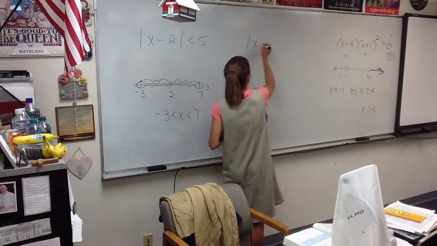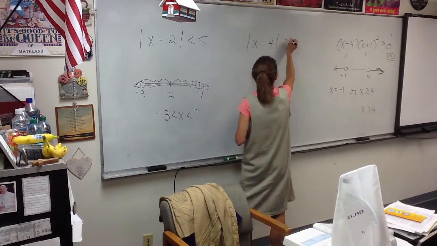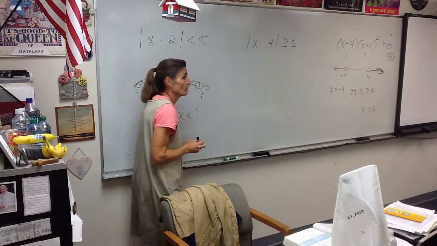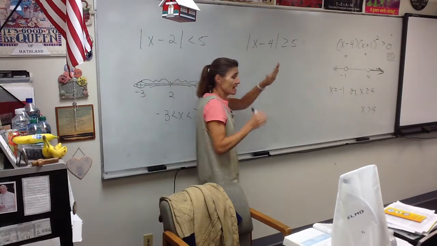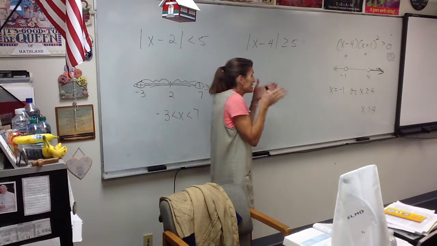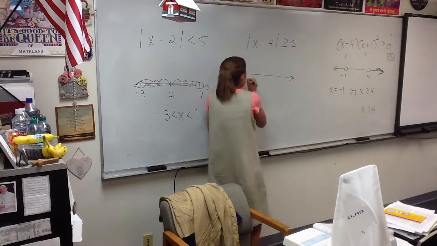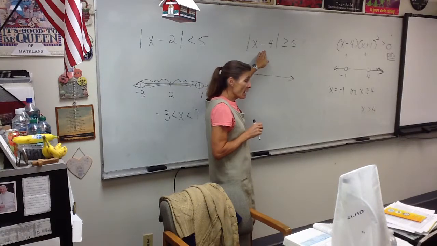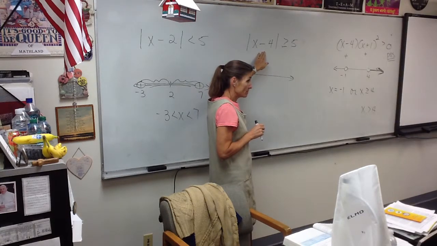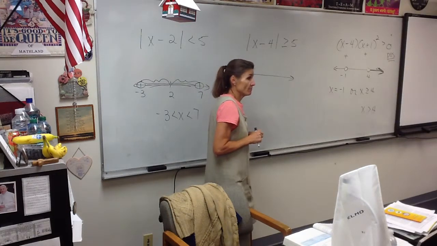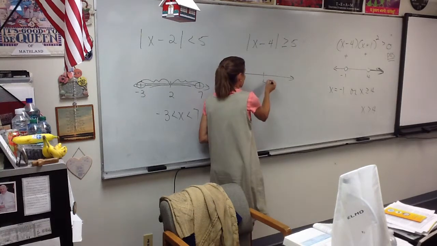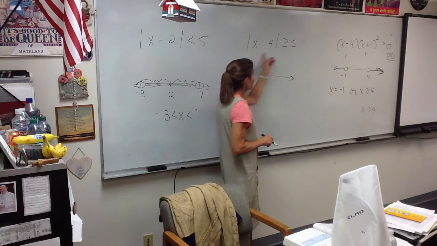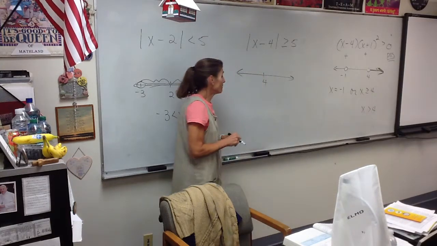Let's try another one. You're thinking like a calculus student now. This is how calculus students think. I see an absolute value of a difference, so I immediately think the distance between x and 4 is bigger than 5. So here's 4. Where is x going to be so that the distance is more than 5?